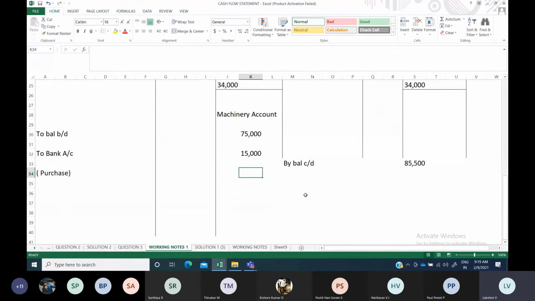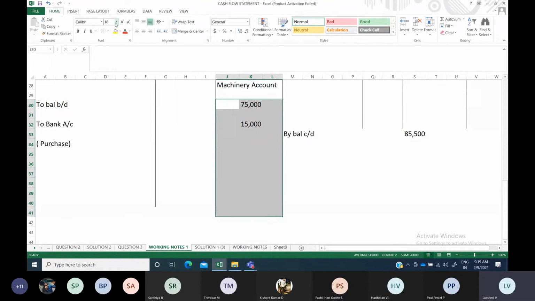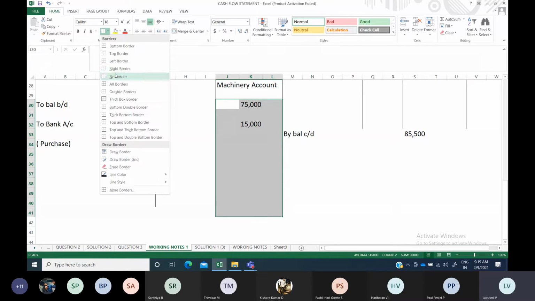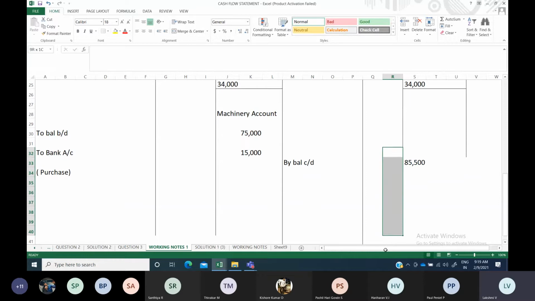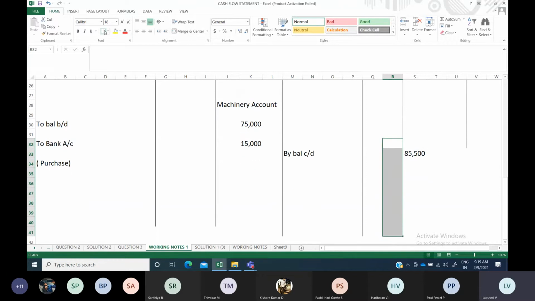So next is your account balancing. Okay. With whatever information, you have prepared the machinery account. Now you have to try to balance your account. Just find out how much amount you are getting on both the sides. Which one is higher amount? That amount you have to mention on both the sides of your account.